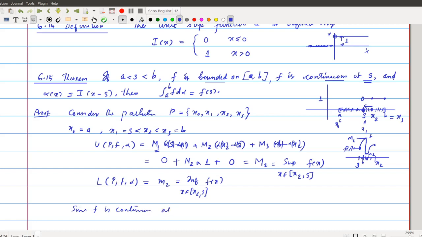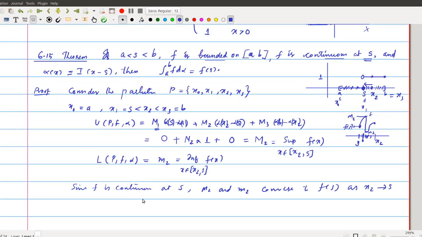Okay, so we can say that since f is continuous at s, capital M2 and small m2 converge to f(s) as x2 tends to s. As this interval shrinks, capital M2 and small m2 coincide with f(s). And in fact the limiting case of U(P, f, alpha) and L(P, f, alpha) is nothing but the integral.